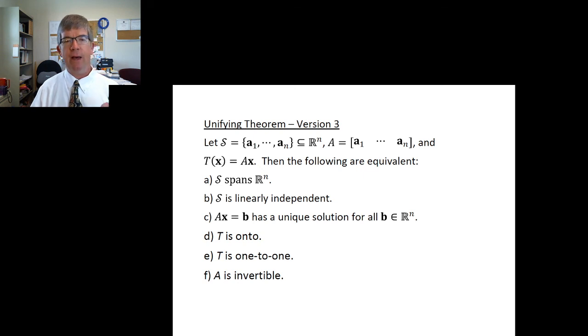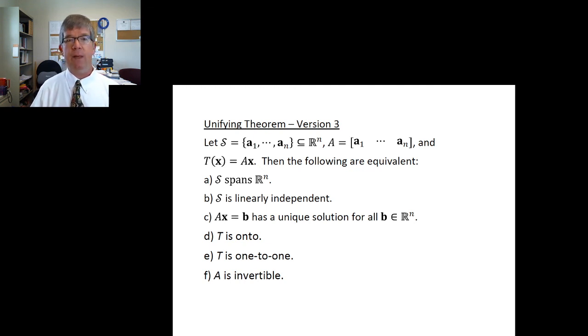And that is that that set of vectors spans all of Rn, that set of vectors is linearly independent, that the matrix version of that system of equations has a unique solution, equivalent to the linear transformation being onto, equivalent to the linear transformation being one-to-one, and it's also now equivalent to that matrix A being an invertible matrix.